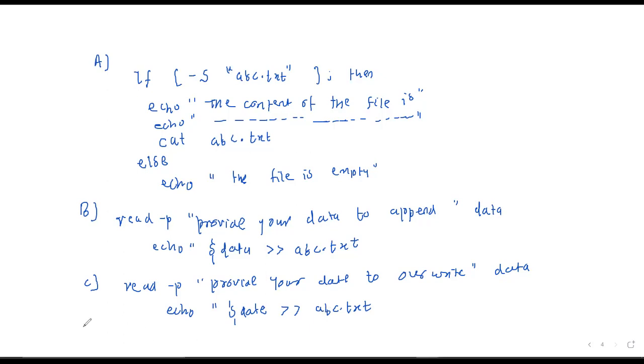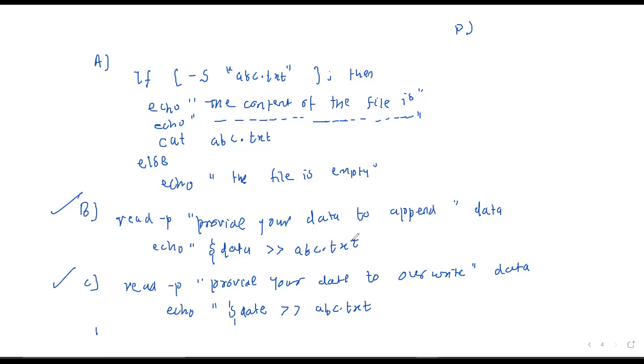And the last option is D. For the D option, we want to delete the content. For deleting content, we need not enter a file. Because in the second and third options, we want to provide your data to append, so obviously, in order to append, you should have something.